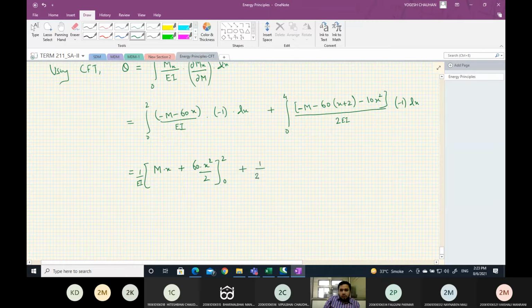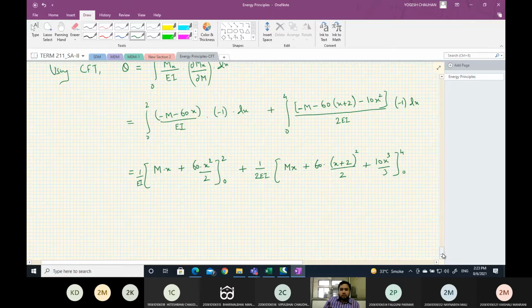Then 1 upon 2EI taken outside, and again minus multiplied inside, so it will be plus M. The integration of M dx will be Mx plus 60 times x plus 2 whole square by 2 plus 10 x cube by 3. Okay, limit is 0 to 4.